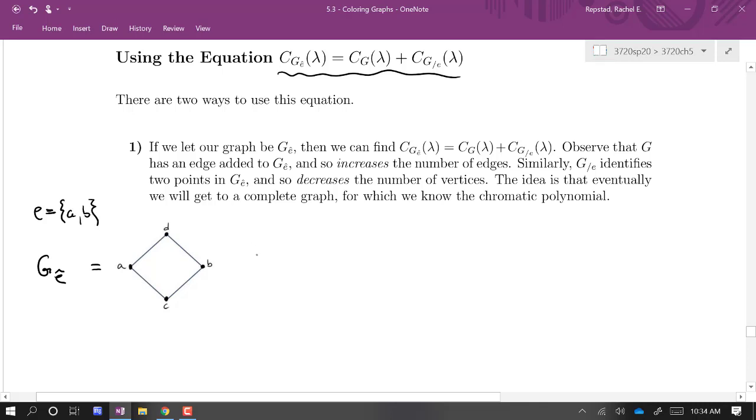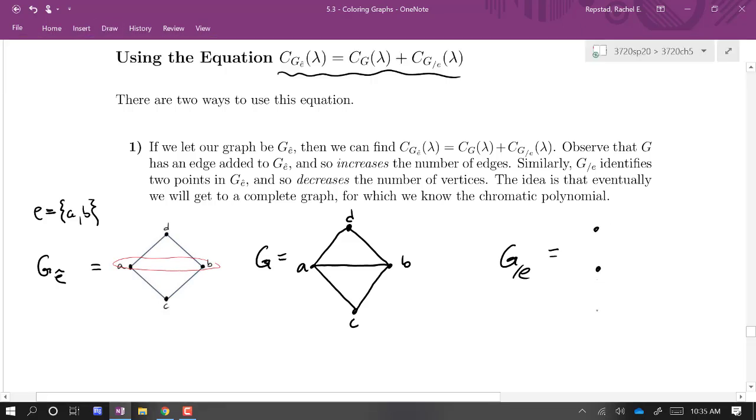So that means then that G must be this graph with that edge put back. And G mod E, let's see, if I imagine taking this graph over here on the left and then identifying those vertices, sort of squishing them together, we're going to get this graph.